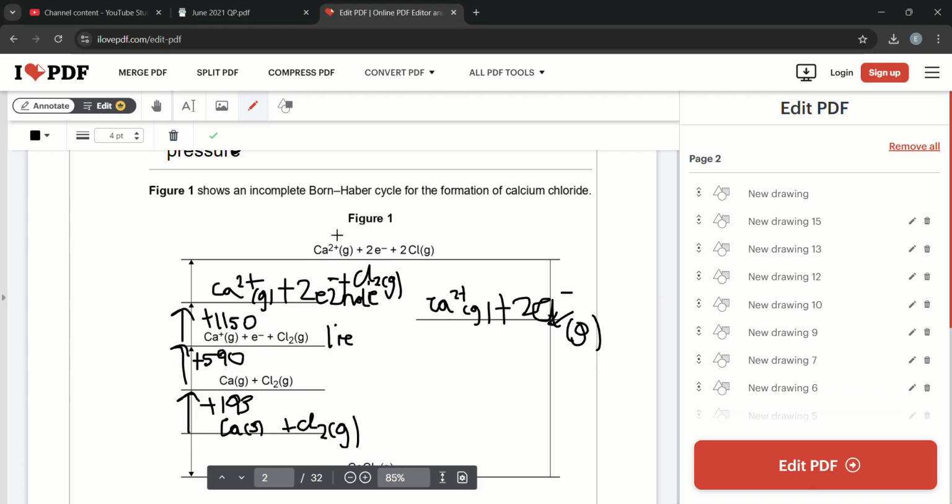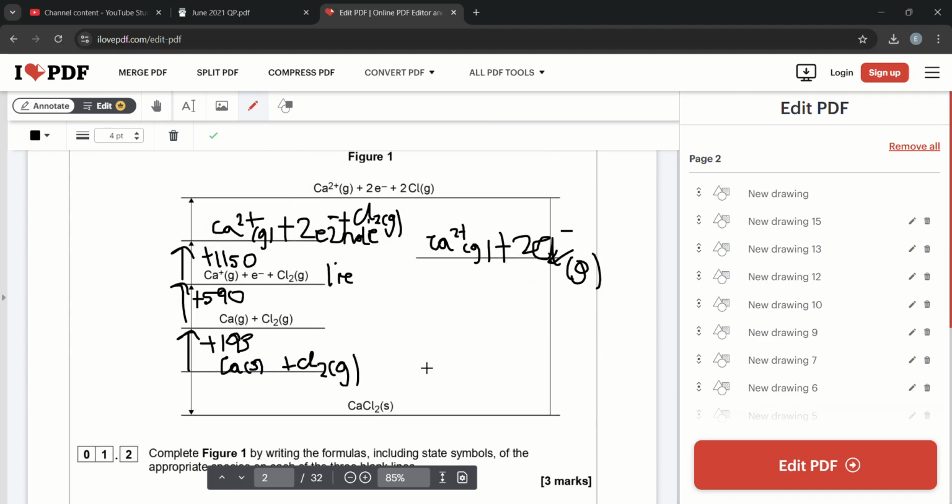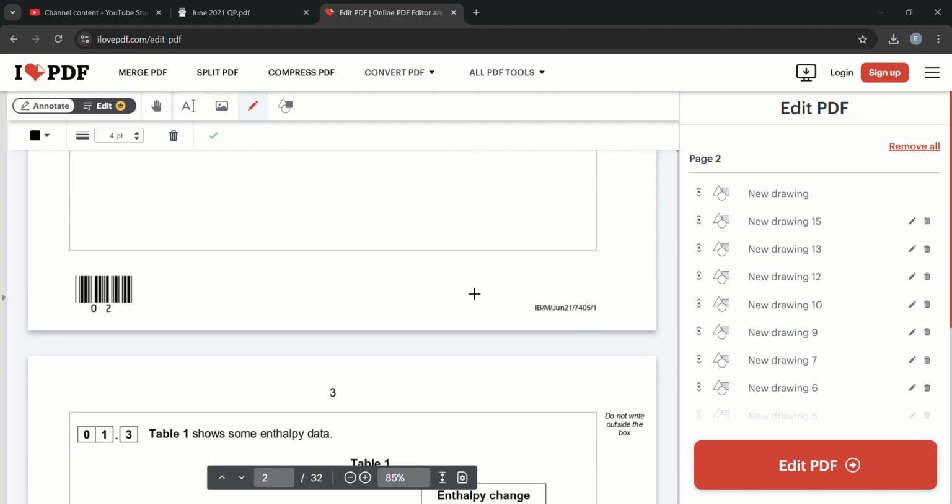No electrons, charges already cancelled out, 2 plus and 2 minus. Now we filled the Figure 1. Ca solid plus Cl2 gas, Ca2+ plus 2e-, Ca2+ gas plus 2e- plus Cl2 gas, and then Ca2+ gas plus 2Cl- gas.